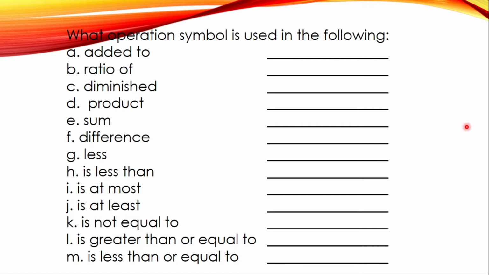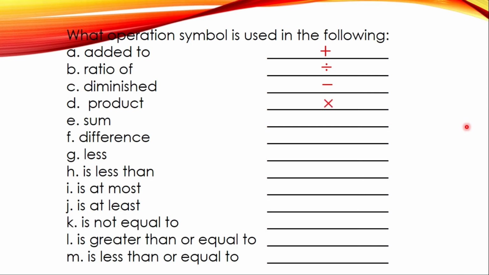What operation symbol is used in the following? When we say added to, of course, it is plus. The ratio of, meaning it's division or divide. Diminished, in Ilocano, napukawan or naikatan, so it is subtraction or minus.